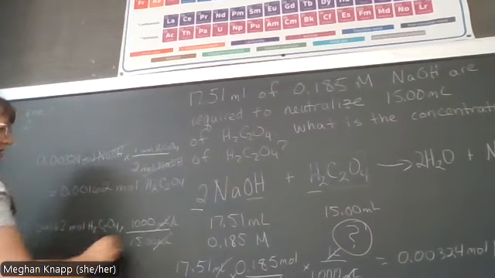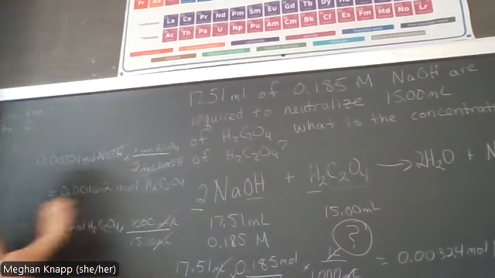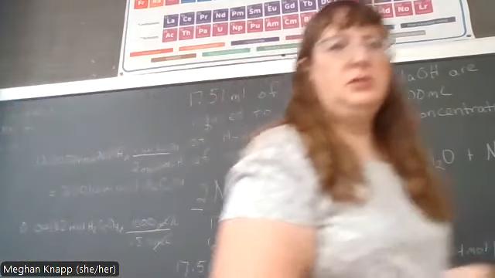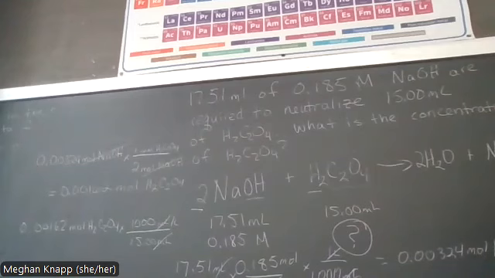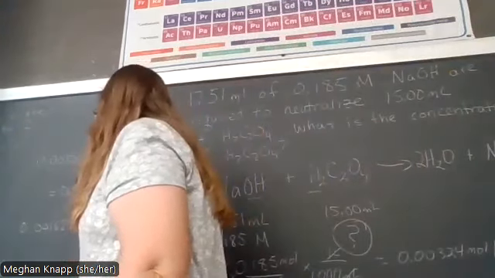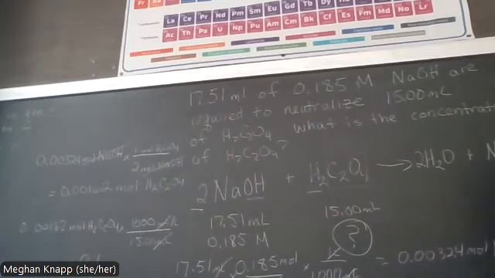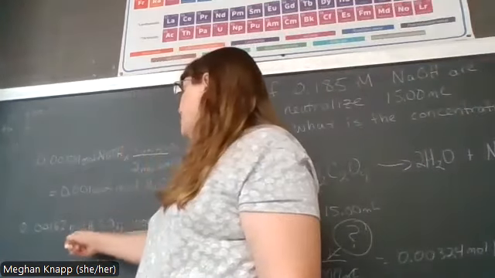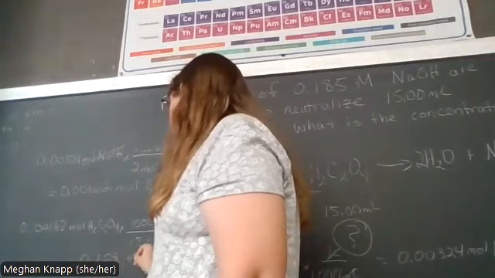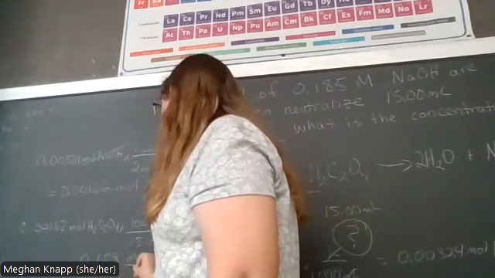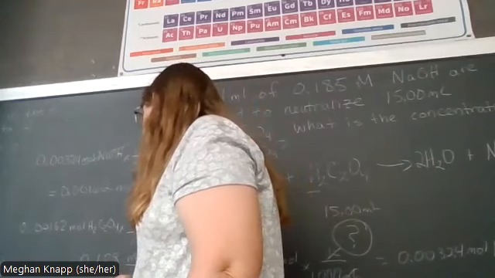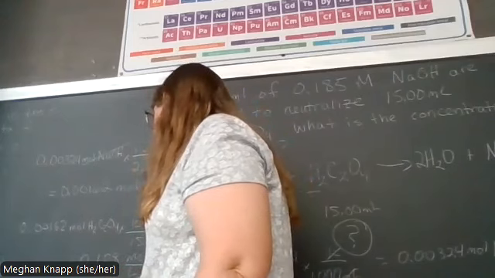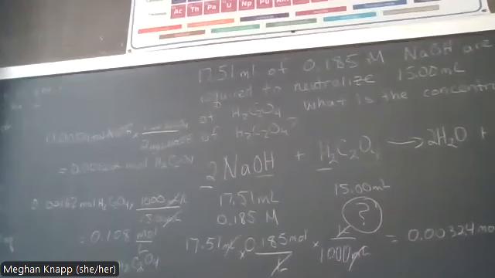And so that's going to cancel those, and I'm going to have moles per liter. Okay. And that should give me 0.108. I still have moles left over. And I still have a per liter left over. And this is my B, my unknown H2C2O4.